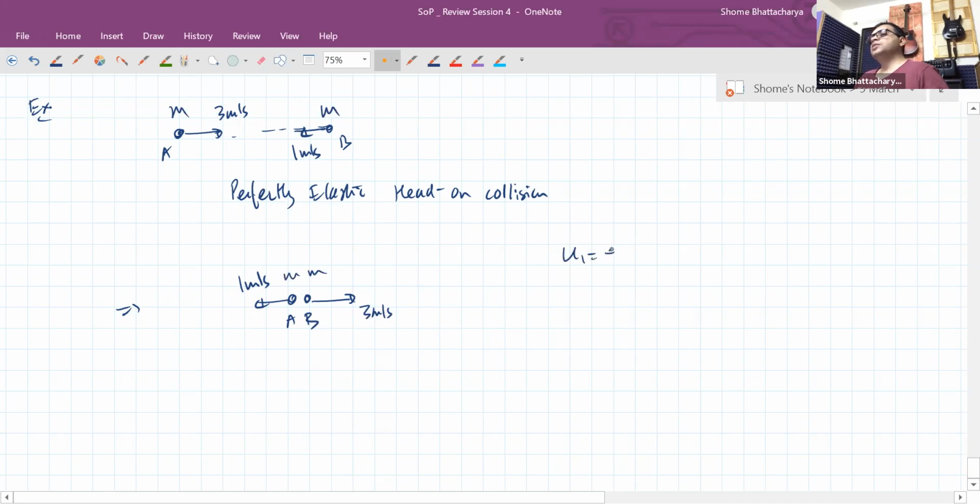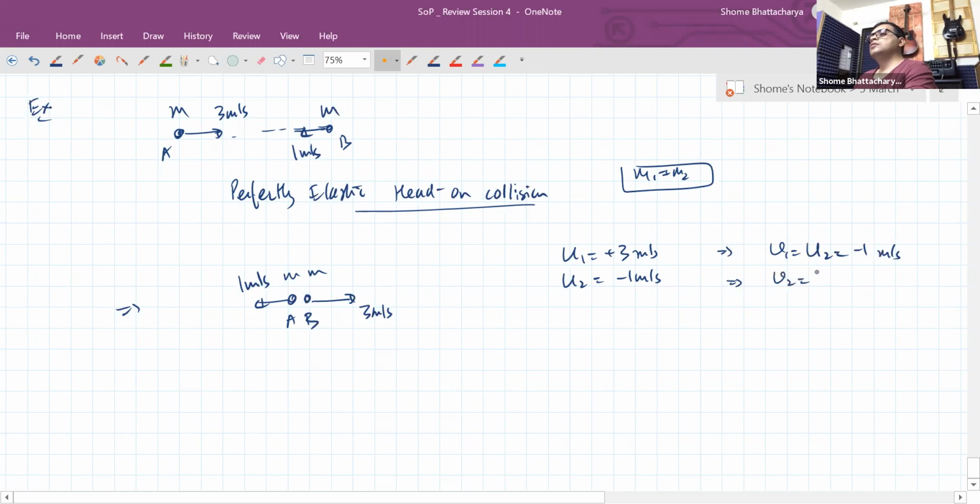So u1 was plus 3, u2 was minus 1. m1 is equal to m2, and the collision is head-on perfectly elastic. So they exchange momenta, velocities, or kinetic energy, and all these things. So this becomes an important aspect.